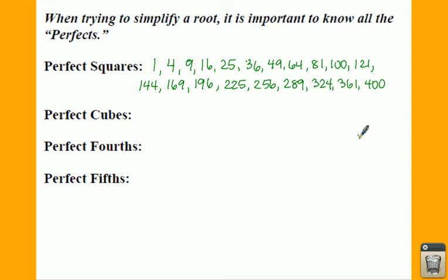Those are the most common perfect squares you're going to see that could be factors of a number underneath a radical.